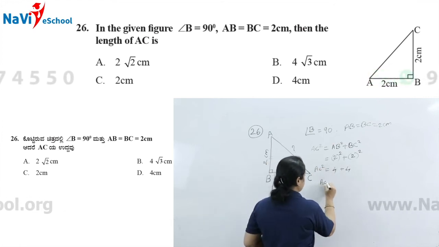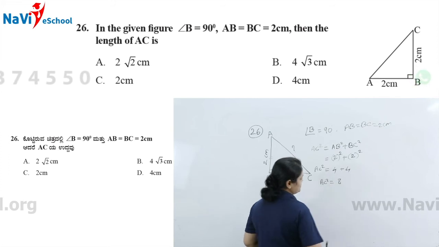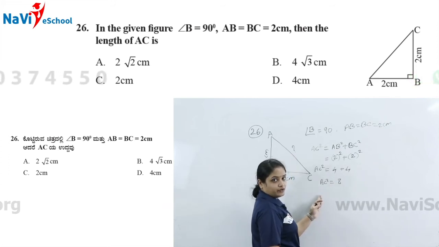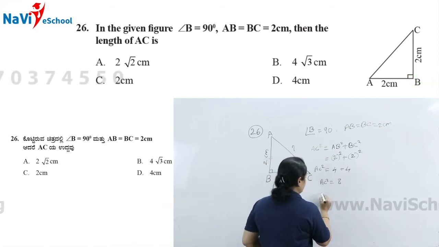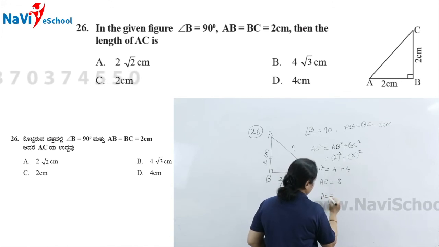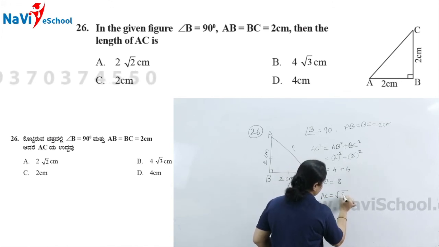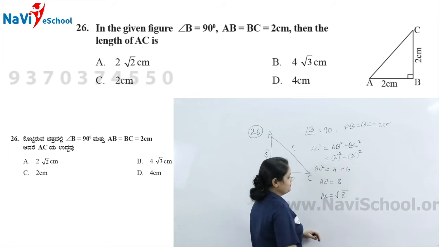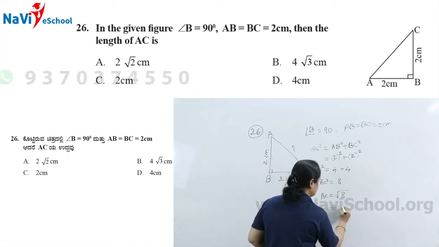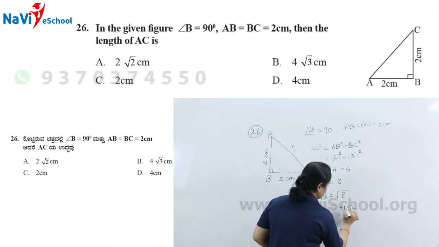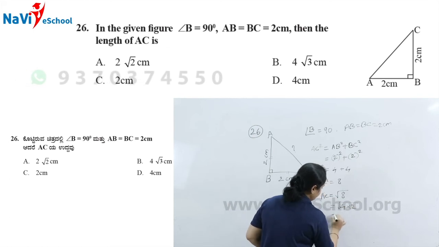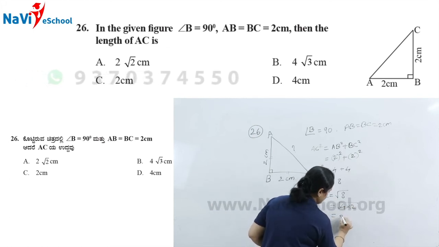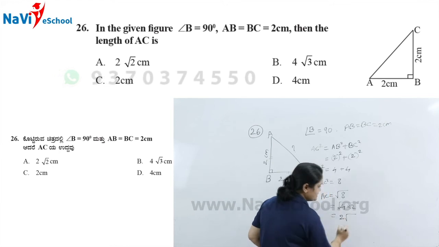Next, AC square is equal to 8. We got that, but we want to find out AC. Therefore, AC is equal to square root of 8. How to simplify this? 4 2s are 8. Is that correct? 4, take it outside, it will become 2. And what is left inside?